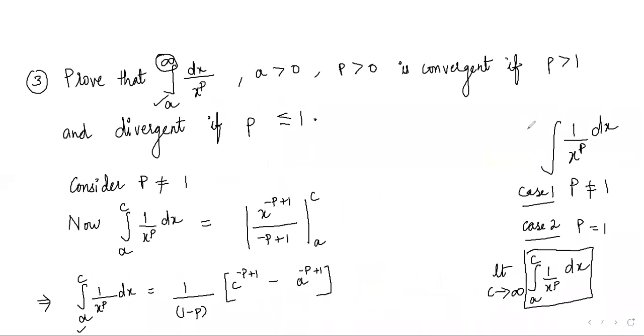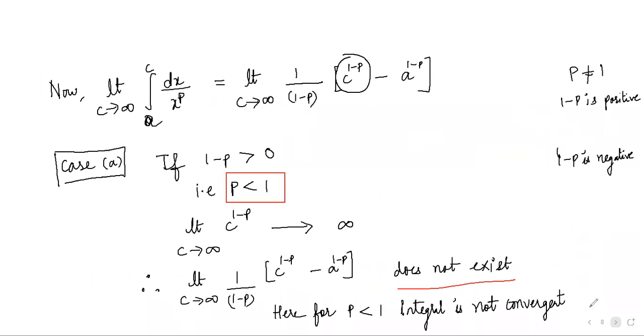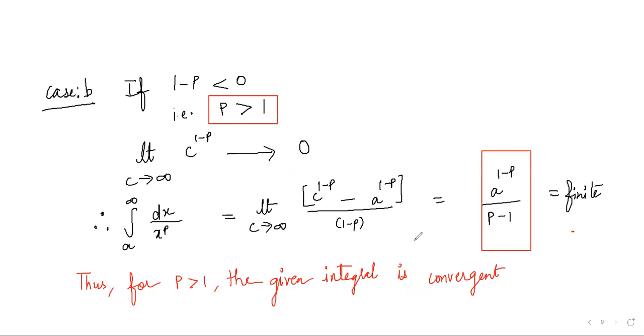We have to prove that for p greater than 1, it is convergent, and for p less than or equal to 1, it is divergent. So we have covered the two cases, greater than 1 and less than 1. We have shown that for p less than 1, it is not convergent, meaning divergent, and for p greater than 1, we have shown that it is convergent.